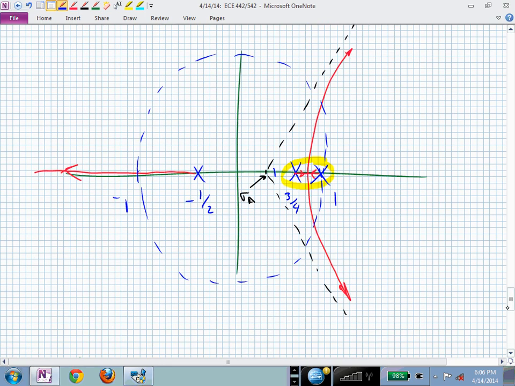Now, at K equal to 0.011, this guy, we didn't calculate what it was, but we could. How could we calculate the closed-loop poles at a gain K of 0.011? Another question, easier question.